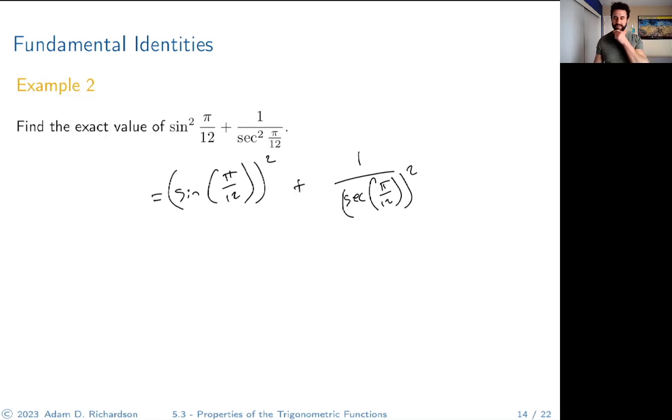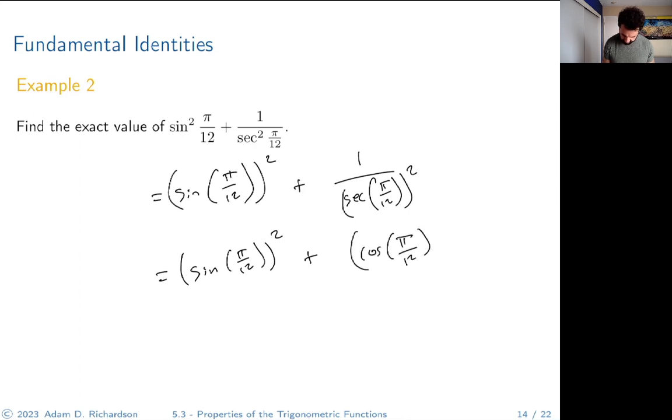But what is secant? I remember secant is 1 over cosine. So this is 1 over cosine of pi over 12 squared. So this is going to be sine of pi over 12 squared plus cosine of pi over 12 squared. But check this out.